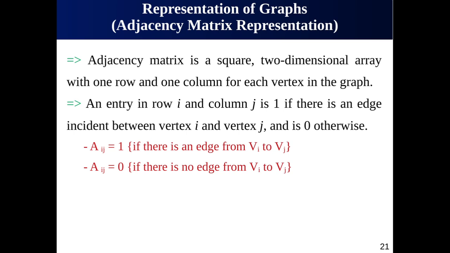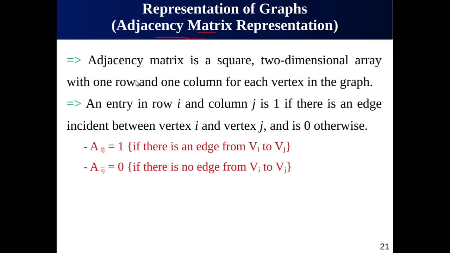The first method is known as adjacency matrix, while the second method is known as adjacency list. First, we will explore the concept of the matrix, and then we will explore the concept of adjacency list to represent graphs in computer memory. They are very simple methods, by the way. I hope you will understand them very easily.